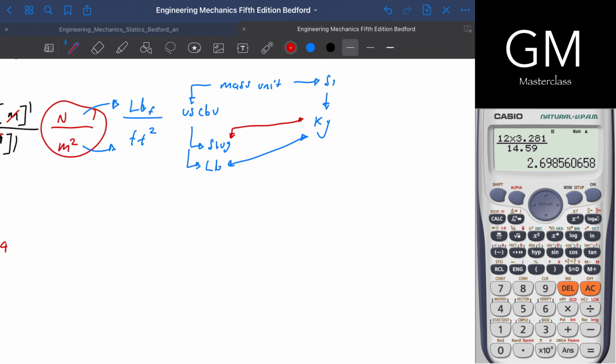In international system units, it's easier to make a difference between mass units and force units, which are the newtons. But for the US customary base units, we will have force pounds. Alright, so it is important for us to understand if I'm talking about a force pound or just a pound, talking about mass units.